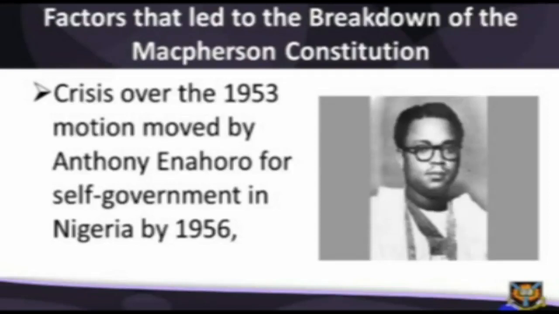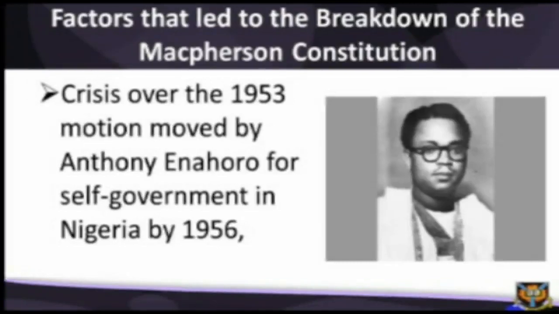The motion asked the House to accept as a primary political objective the attainment of self-government for Nigeria in 1956, which culminated in the Kano riots in which several people died.